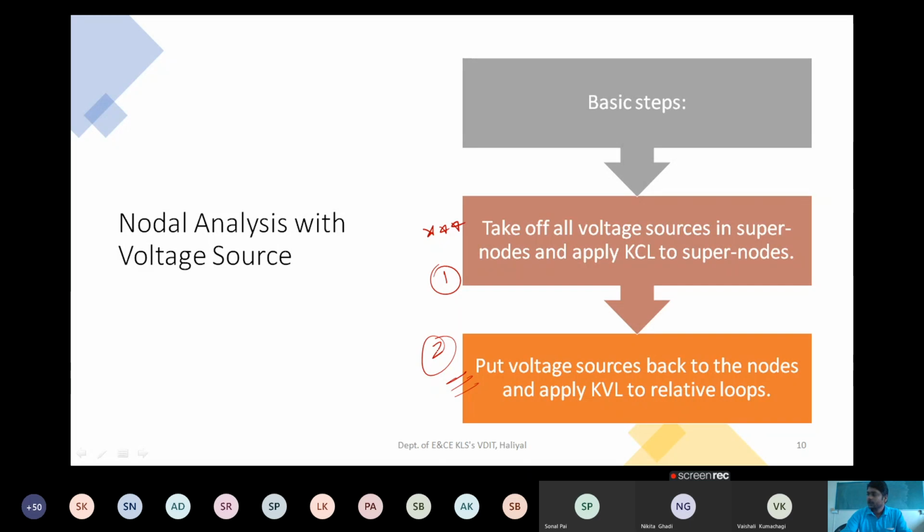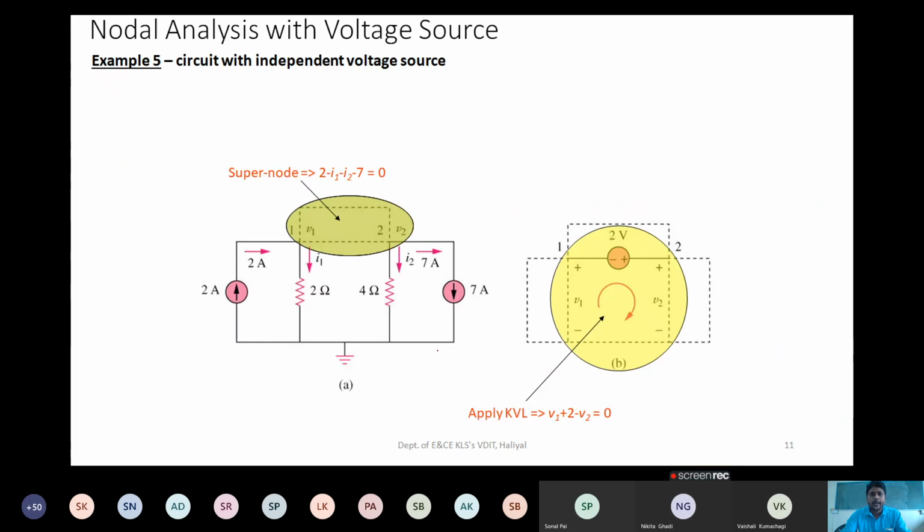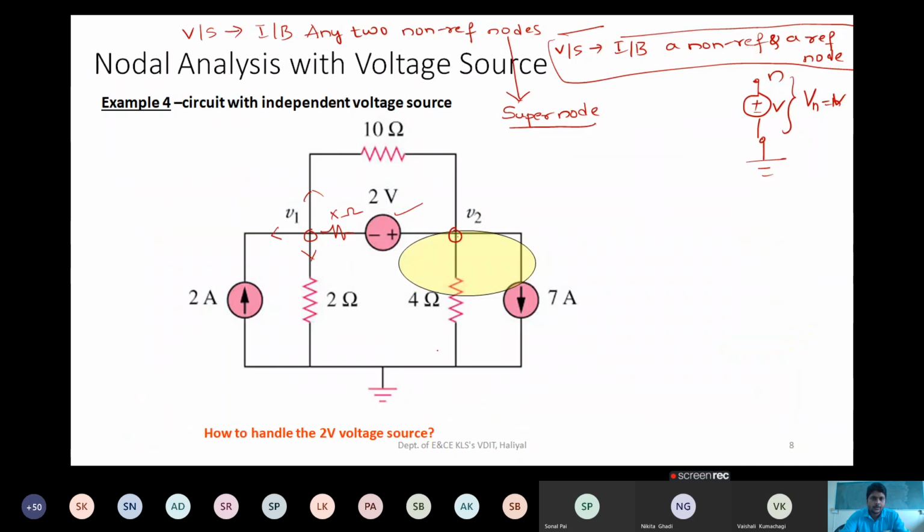I hope we have noted down the steps. Now coming to the actual circuit. If you see, this 10 ohm resistor is connected in parallel with this 2 volt source.